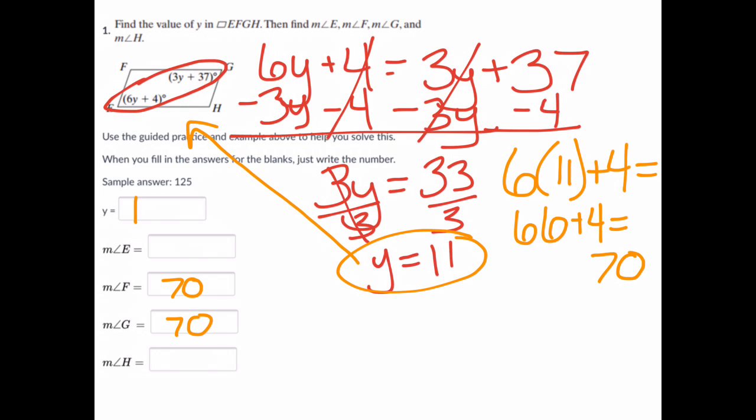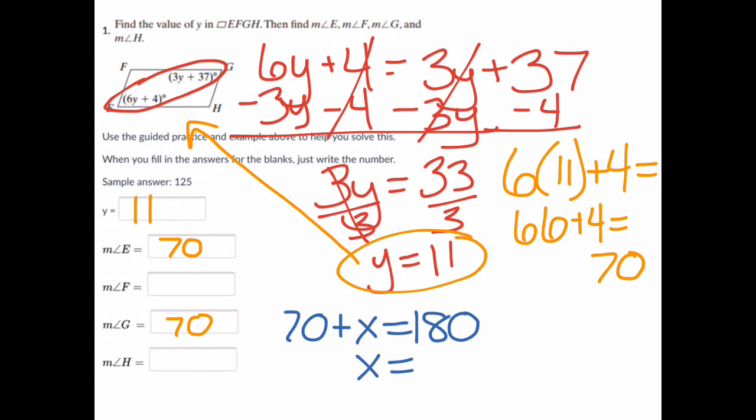To find angle E and angle H, we need to remember that those are consecutive with angle 70. So you do 70 plus the angle you don't know, would need to equal 180 degrees. And you solve this, what you get is that each of those angles is 110 degrees. So these ones are each 110.